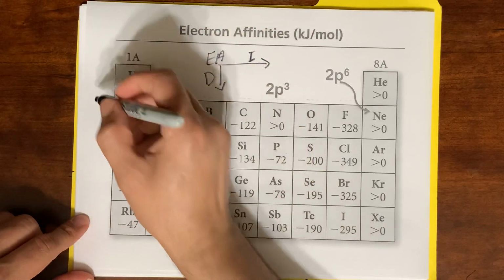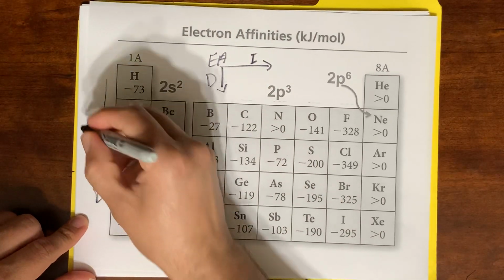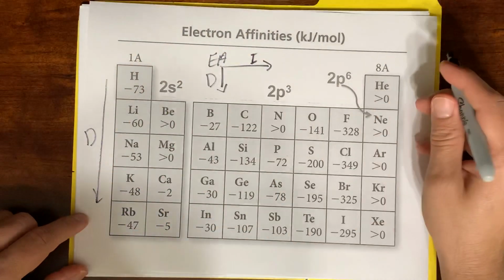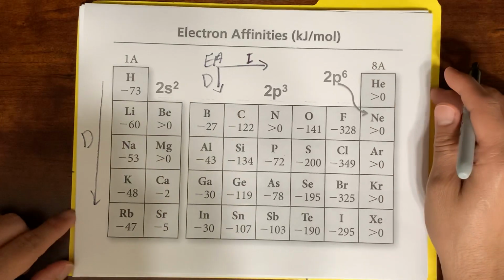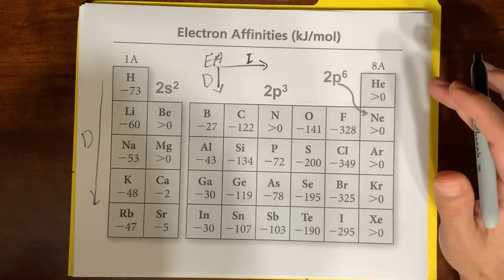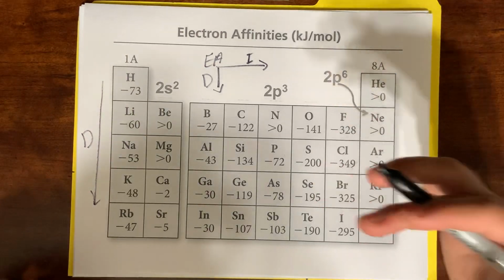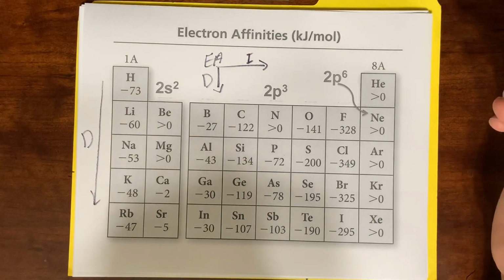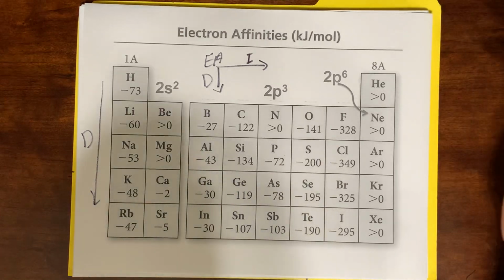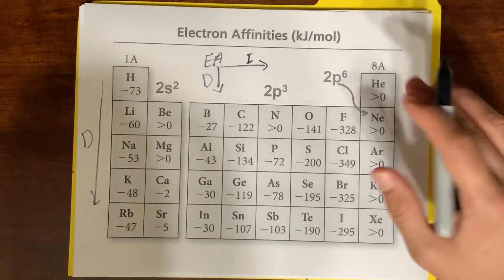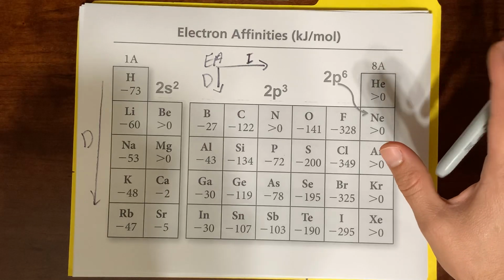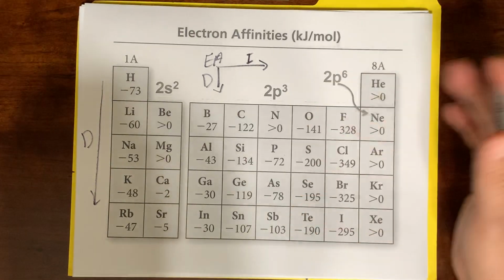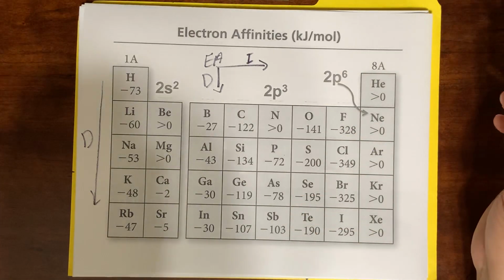So when we go down, we see decreases in electron affinity. The trend in electron affinity is not as solid as ionization energy or size. You will see too many violations or deviations with electron affinity.